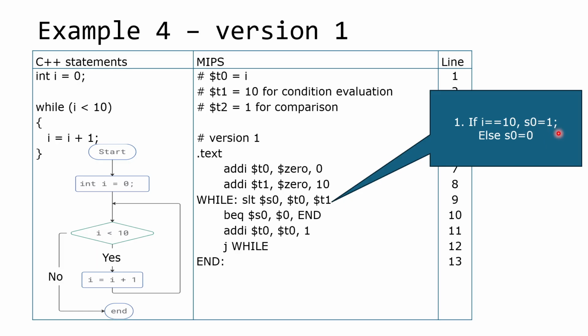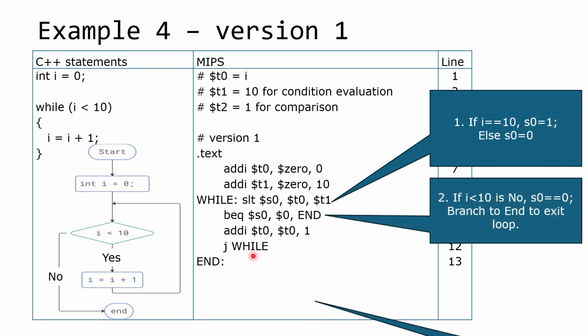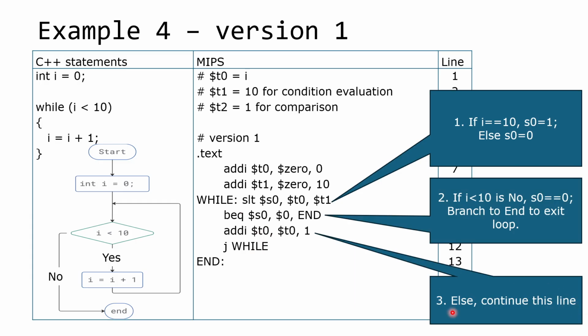Because I is not 10 yet, S0 becomes 1. I is equal to I plus 1, and then jump to while.